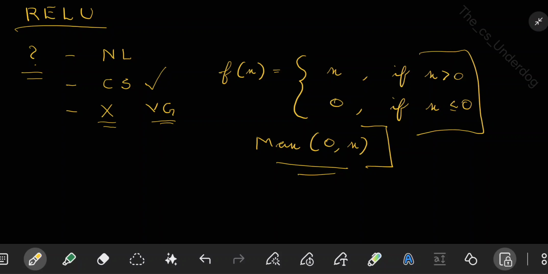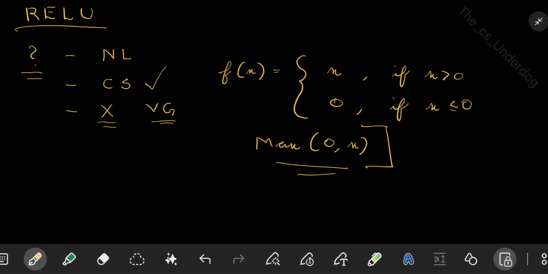You just have to see whether the value is larger than 0, that is a positive value, or a negative value. If it is a negative value, you simply put 0 as the final output. If it is a positive value, then whatever x, your input value, is, you output it as it is. So this is why ReLU is a very simple function, right?